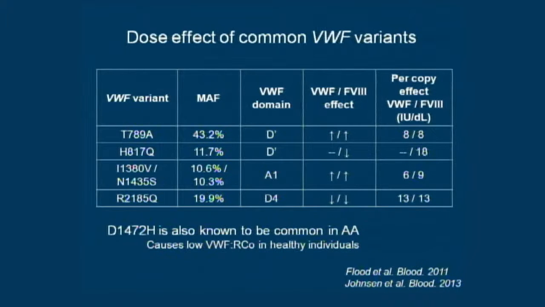And I want to bring this up here. We didn't have ristocetin cofactor data on enough people to really do a very meaningful analysis. But a change at 1472 is also known to be common in African Americans and really negatively impacts the ristocetin cofactor binding activity. The reason to know about this variant is because these people are normal.